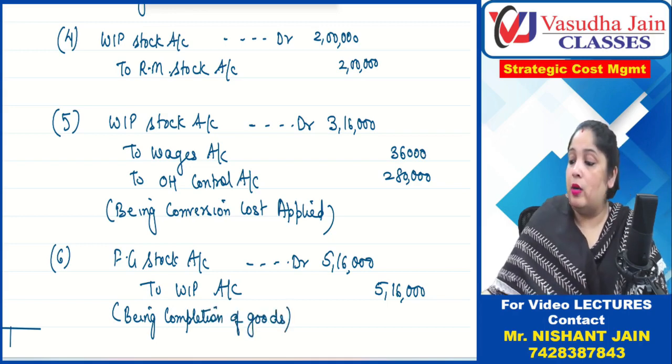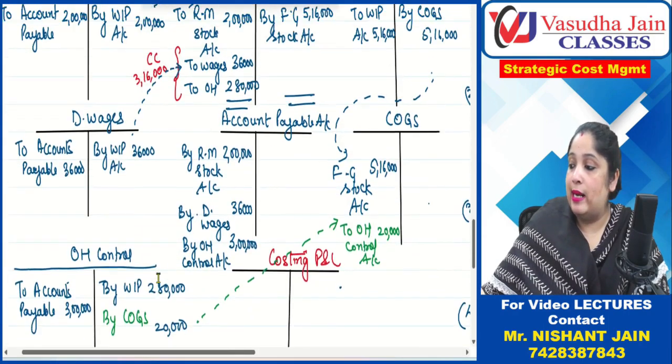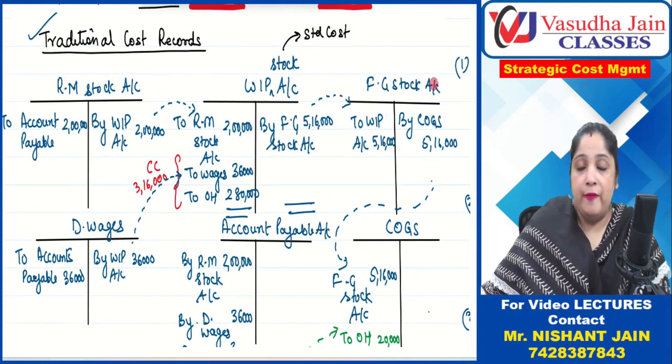Then what will the next entry be? I hope now you are understanding better. Finished goods, please observe finished goods. Now all finished goods manufactured are sold, so cost of goods sold account is debited to finished goods stock account, right?